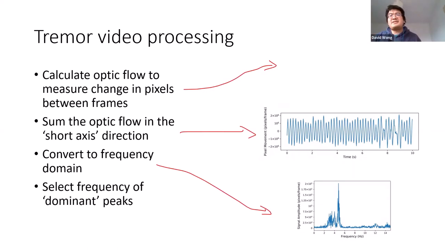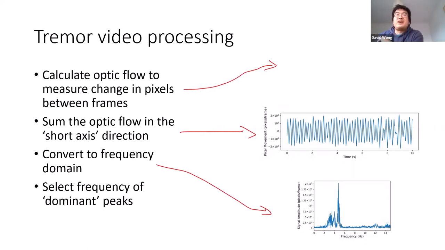And then to simplify our analysis, we simply summed the optic flow in the short axis direction, that is the direction we believe a priori that the tremor will be in. And the output of this, again, is a 1D signal over time, and we can treat this like any other 1D signal. So to estimate a frequency, we can again convert to the frequency domain, and we've used a Fourier transform.